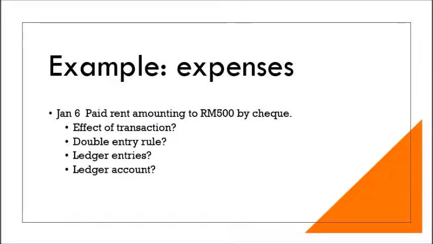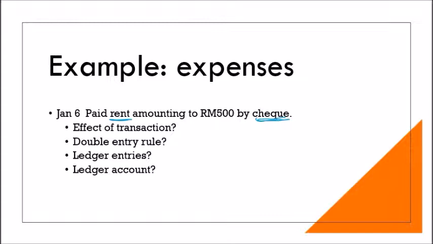Okay, so this is an example for another owner's equity, which is expenses. Jan 6. Paid rent amounting to 500 by check. So check again. This time paid for the rent. So you can see that it already paid the rent.